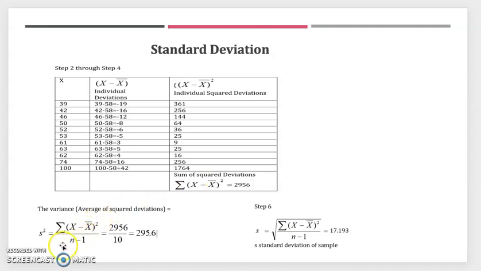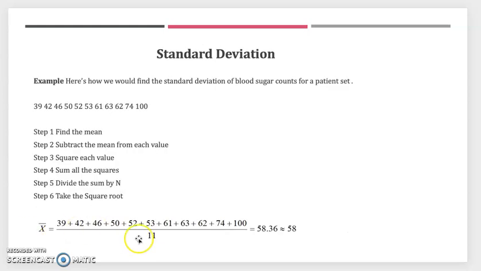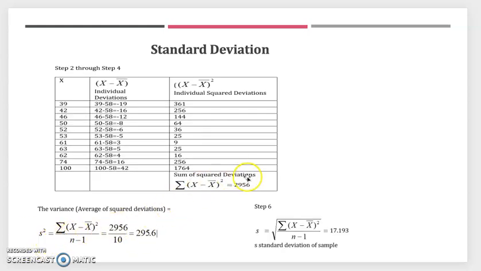Be careful: when we do the mean, we divide by n, but when we do the standard deviation, we divide the total by n minus 1, which is 10. So your variance will be 295. To get the standard deviation, we take the square root, so the standard deviation equals 17.193. Compared to the average of 58, the standard deviation is about 17.